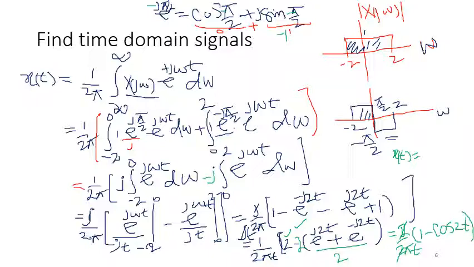Right, so it's 1 minus cos of 2t divided by pi t, right? So this is the final answer. So this is what the time domain signal is. Okay.